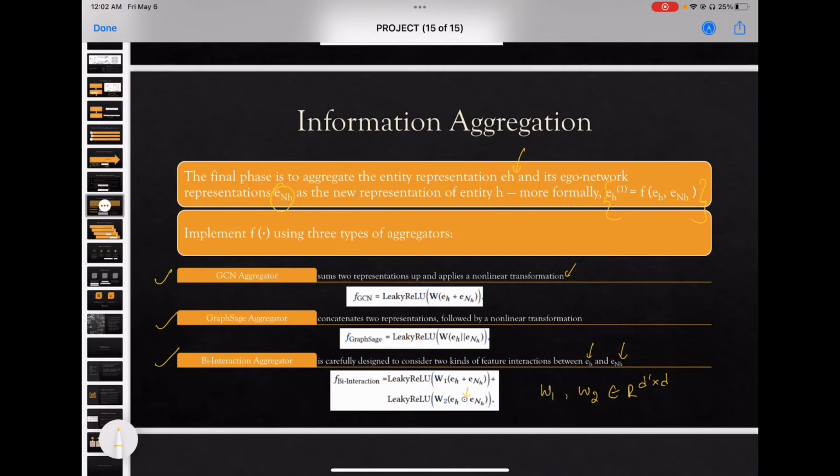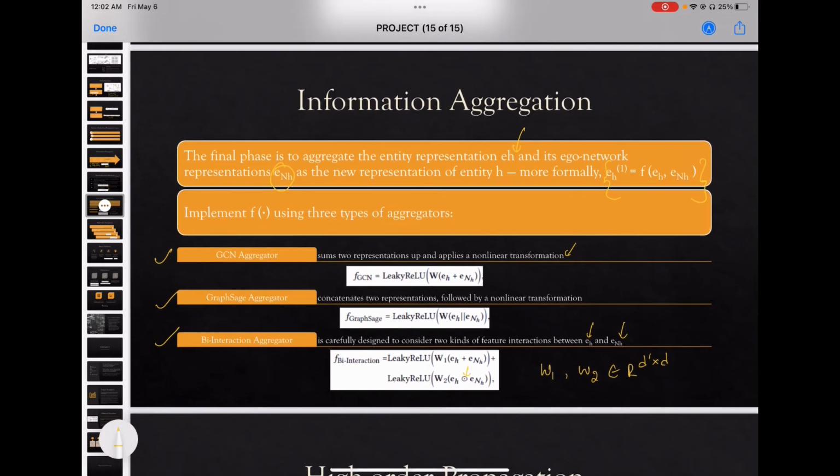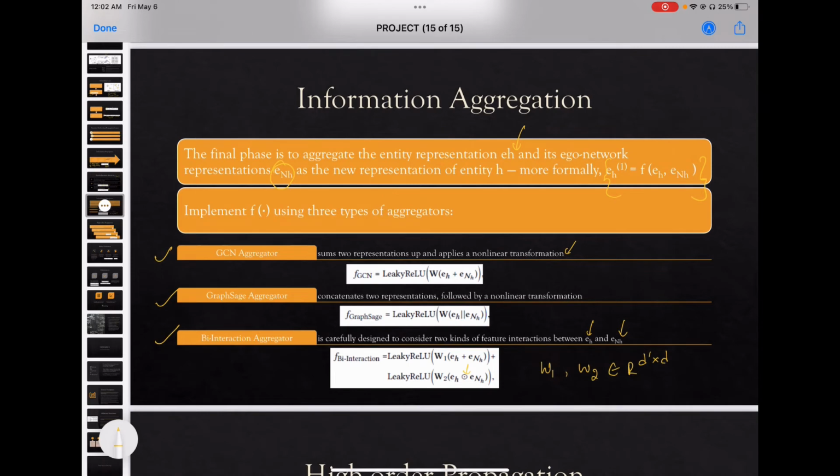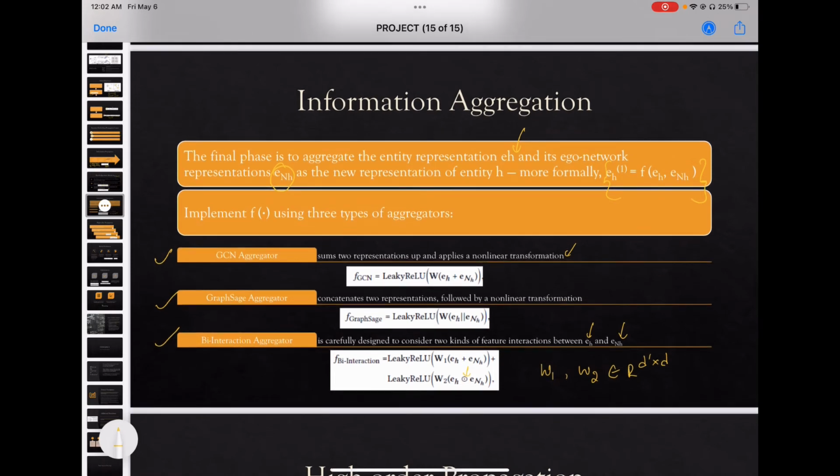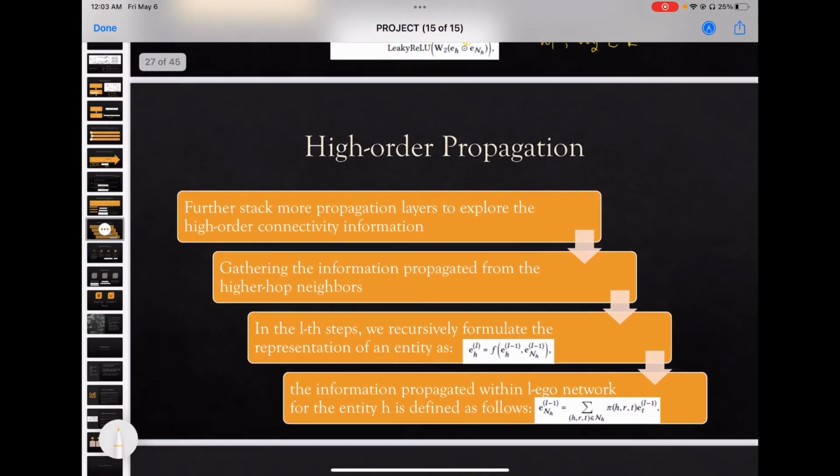To summarize, the advantage of the embedding propagation layer lies in explicitly exploiting the first-order connectivity information to relate user, item, and knowledge entity representations. The next thing we look at is high-order propagation.